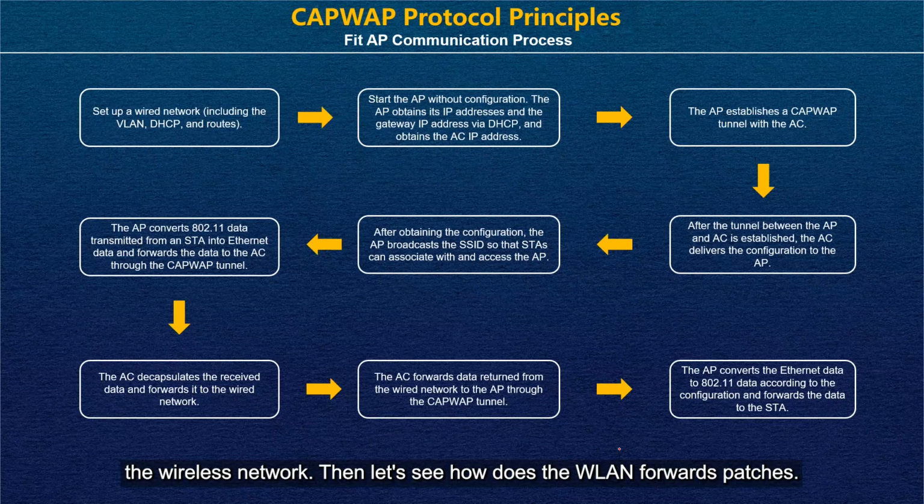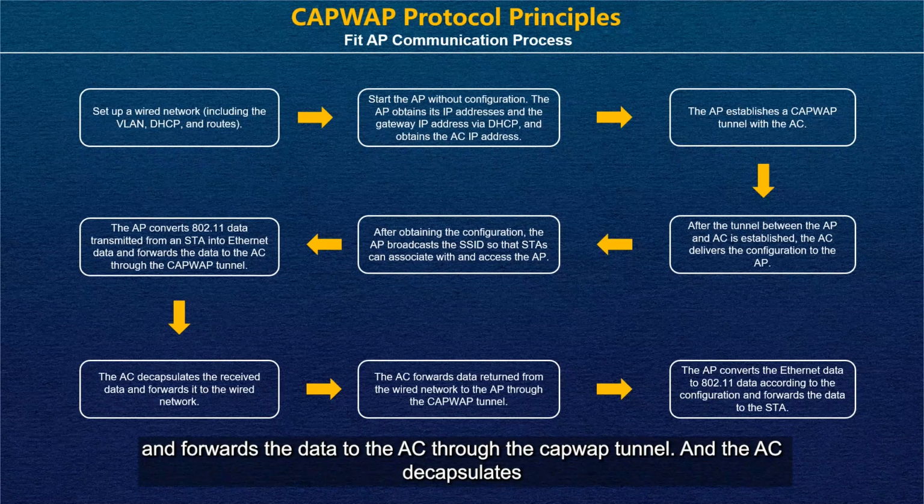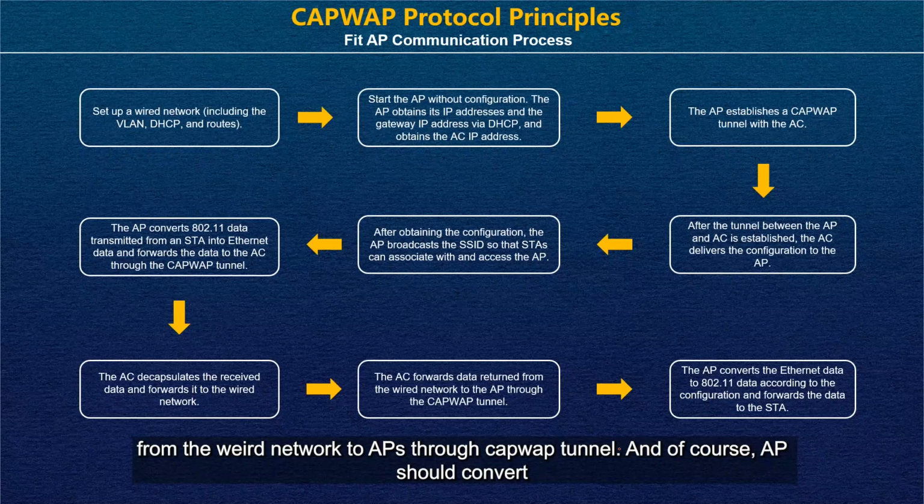Then let's see how the WLAN forwards packets. The AP converts 802.11 data transmitted from an STA into Ethernet data and forwards the data to the AC through the CAPWAP tunnel, and the AC decapsulates the received data and forwards it to the wired network. And the AC forwards data returned from the wired network to the AP through the CAPWAP tunnel, and of course, the AP should convert it into 802.11 format and send it to the STA.